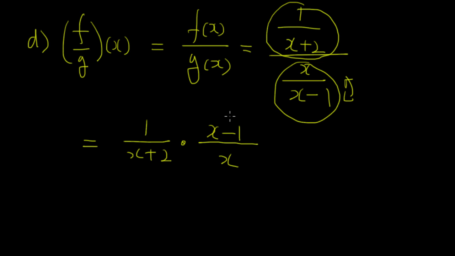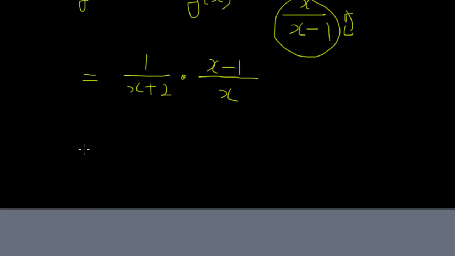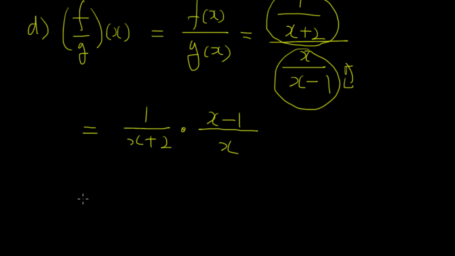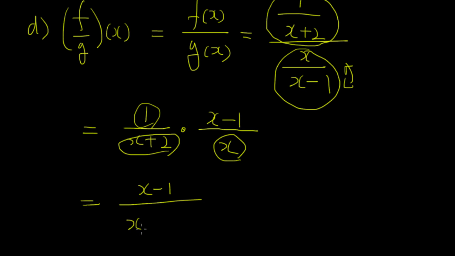If you have a fraction over a fraction, this is how you do it. So you can simplify this by multiplying 1 times x minus 1, which is just x minus 1. The bottom, this times this, would be x times x plus 2.